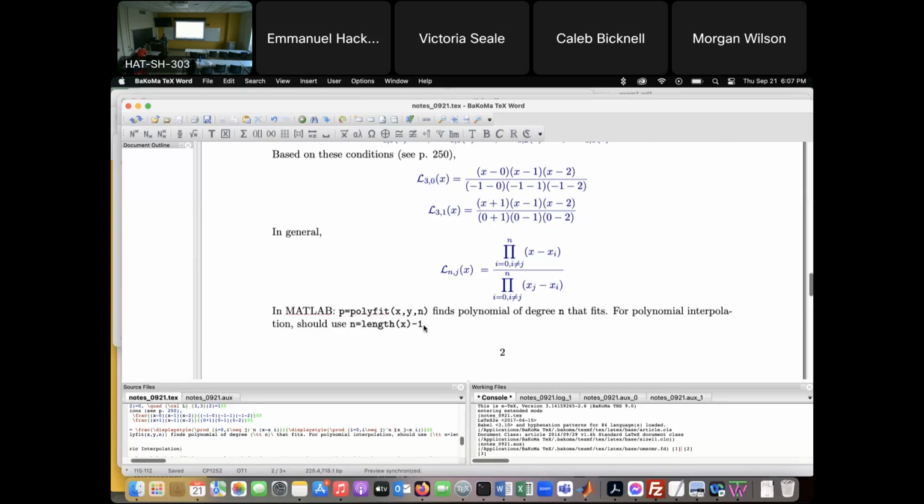For example, in this example here, 4 points give you a degree 3 polynomial. What it outputs is a vector of coefficients. We saw in the tutorial how polynomials are normally represented in MATLAB: a row vector of coefficients ordered from highest degree to lowest. And that's what is returned by polyfit. It just uses that Vandermonde matrix.